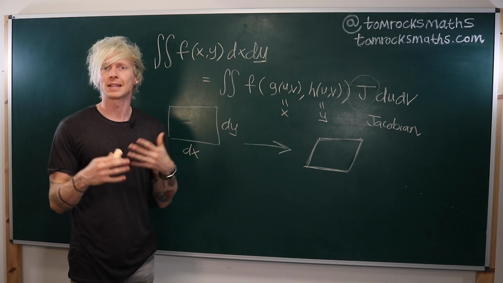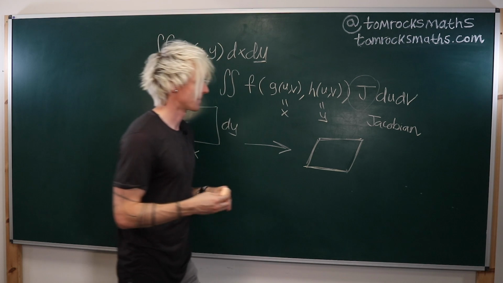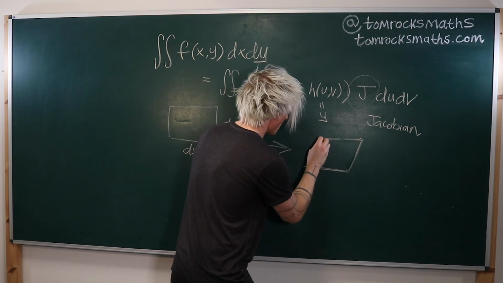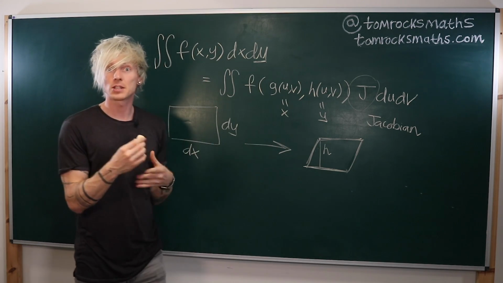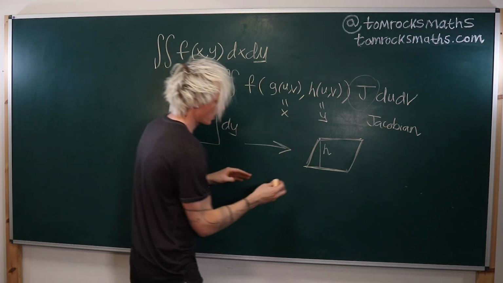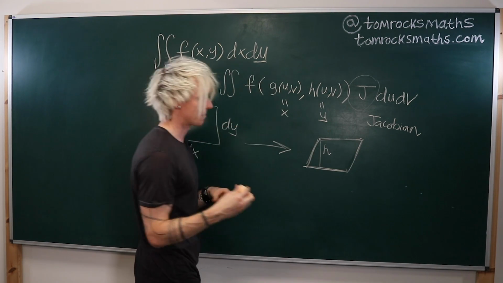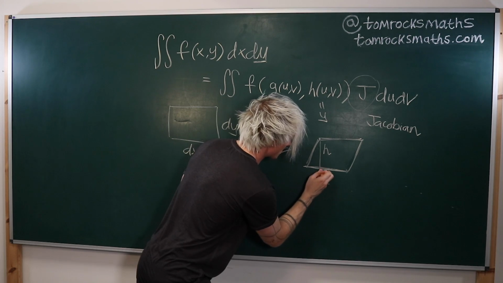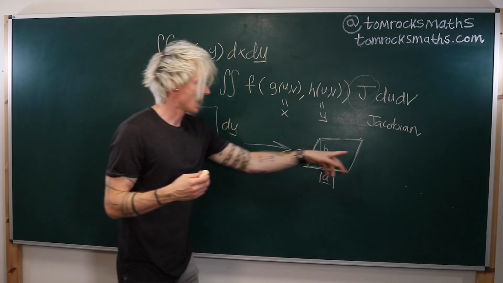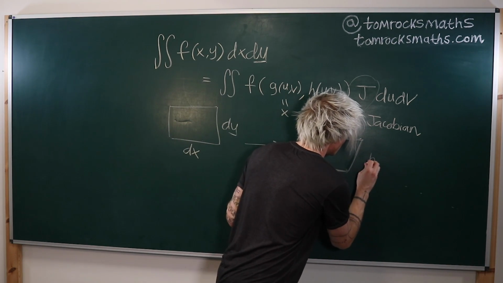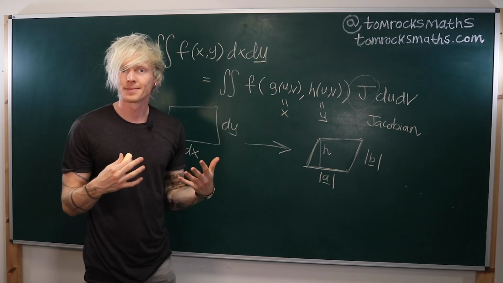The area of a parallelogram is given by the length of the base times the height. So if I add in a line here and label this h, h is our unknown height, and what we're going to do is say that the base and the top are given by the vector a, so the length of the base is the length of our vector a, and let's suppose this side is given by vector b, and so its length is the length of our vector b.